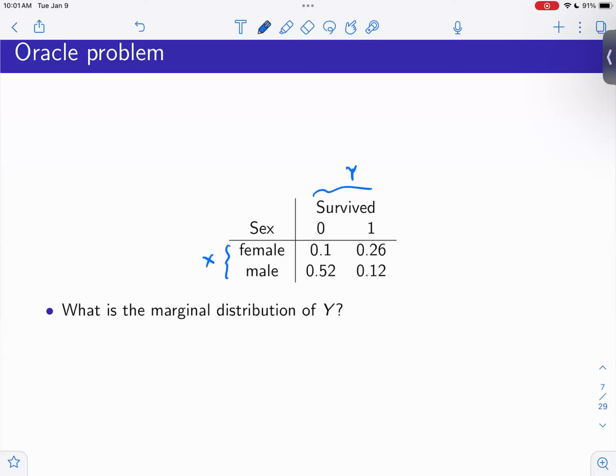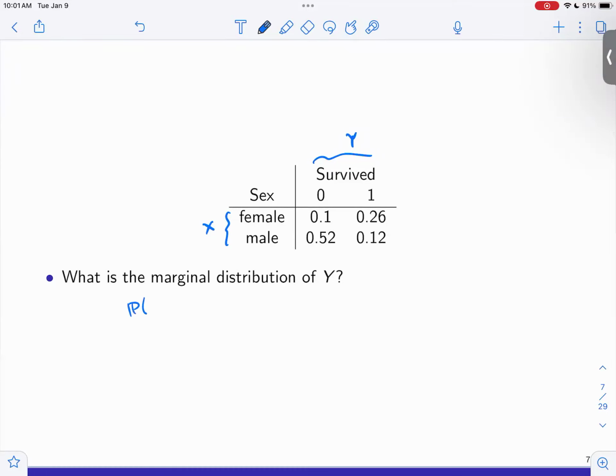The marginal distribution gives you the distribution of Y. Recall I have to specify these two numbers: the probability that Y is equal to 0, I just sum these two numbers, so it's going to be 62. The probability that Y is equal to 1, I just sum these two.